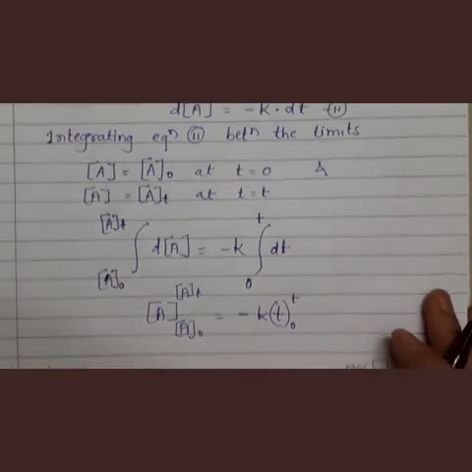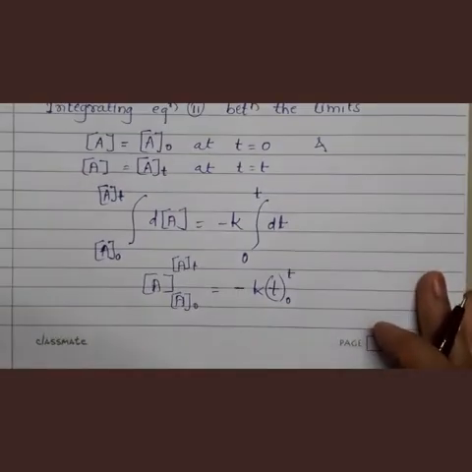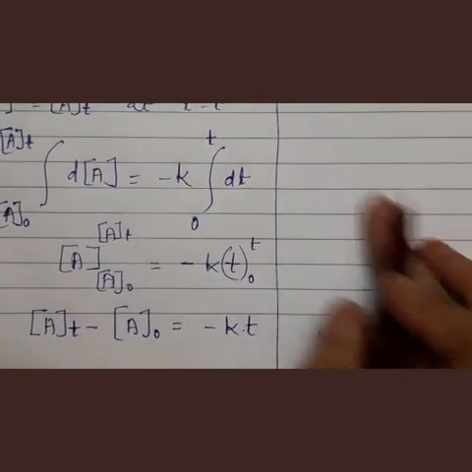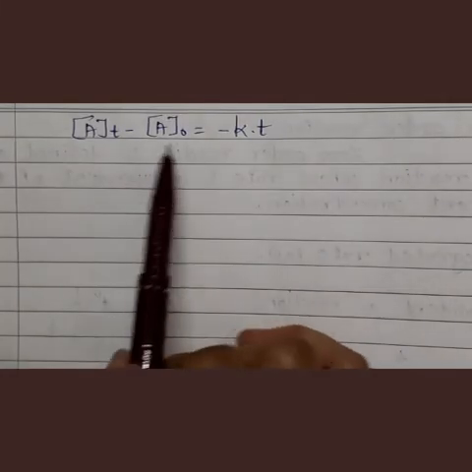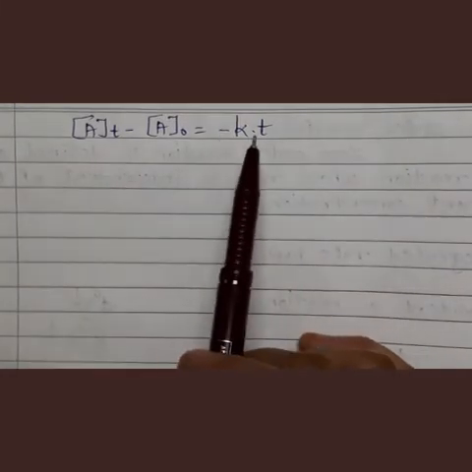Which can be written as At minus A0, the final concentration minus initial concentration, is equal to minus kt. Now here only I am solving. See, At minus A0 is equal to minus kt.